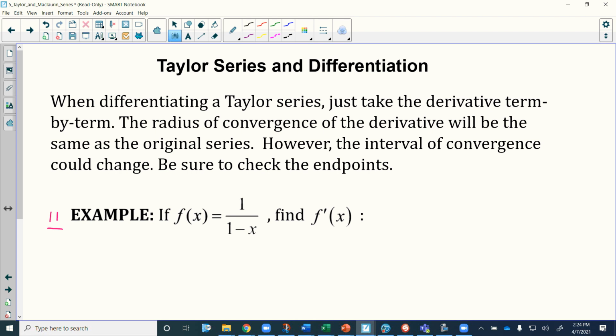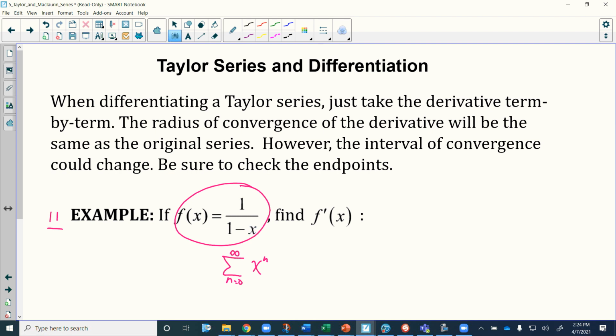Okay. Now, for this one here, if I were going to find the derivative of this, we could express this as a series. Obviously, we've done that a few times. This one would just be the sum from 0 to infinity of x to the power of n, and we could write out the first several terms of the actual series itself.